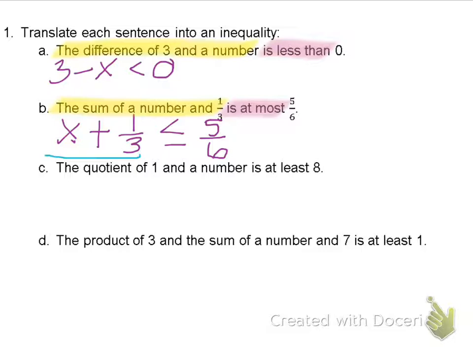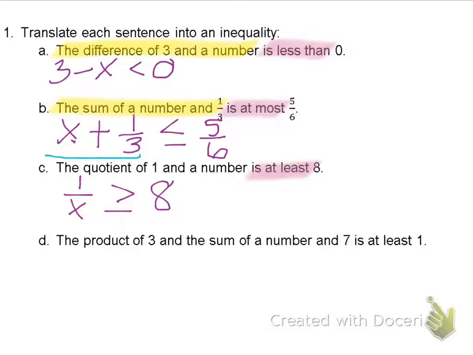Okay, the next phrase, the quotient of 1 and a number. Remember, when you have quotient, it goes in order, so top and bottom, 1 and a number, is at least. Now remember, at least is also the opposite of what you might think, so it's greater than or equal to 8.